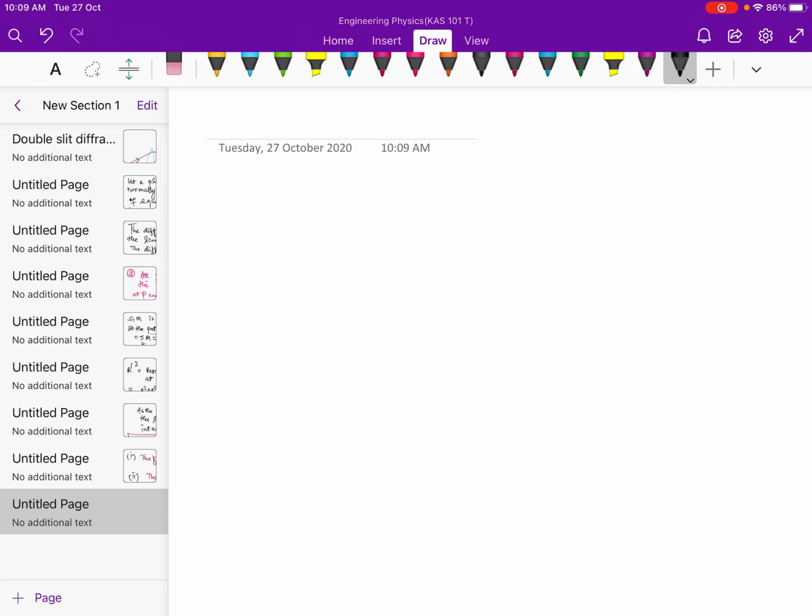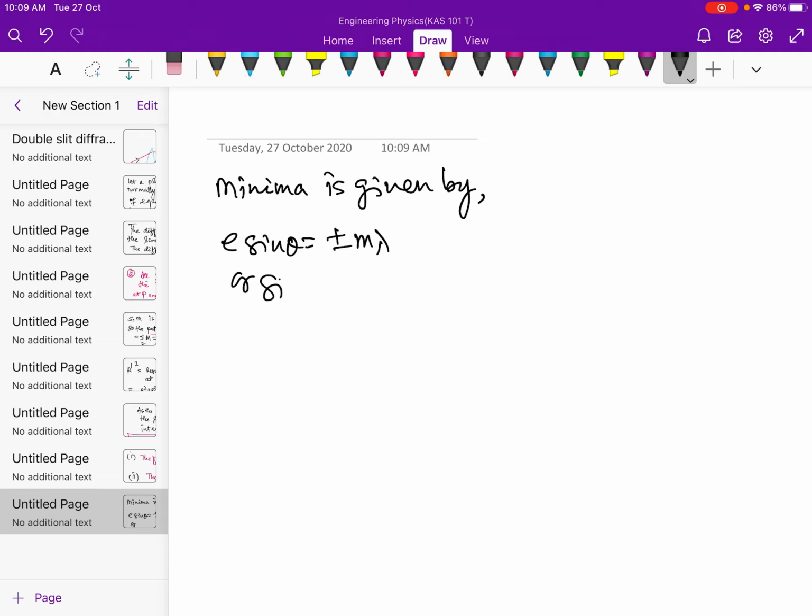So minima is given by E sin theta is equal to plus minus m lambda, or sin theta is equal to m lambda by E, where m is equal to 1, 2, 3.